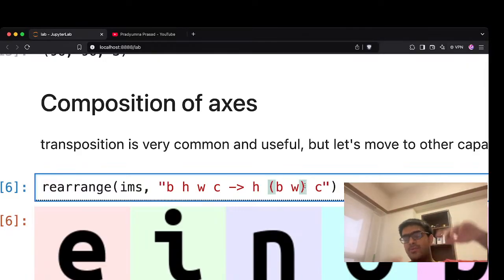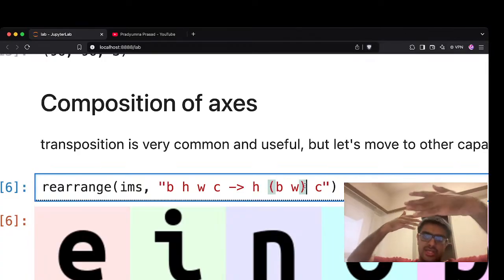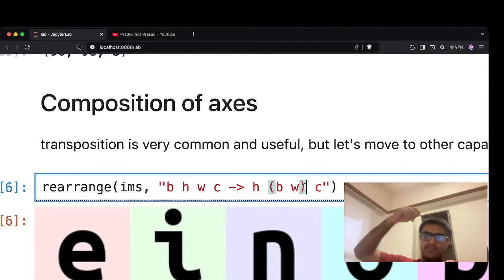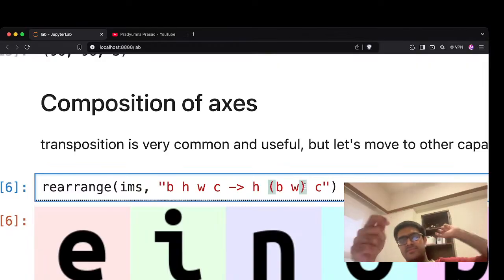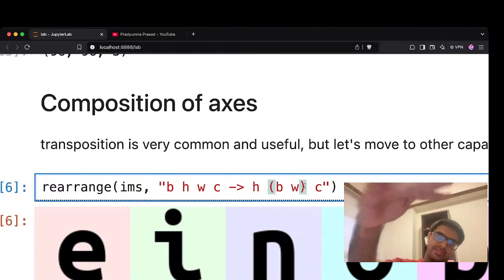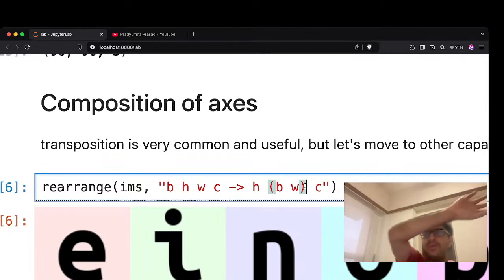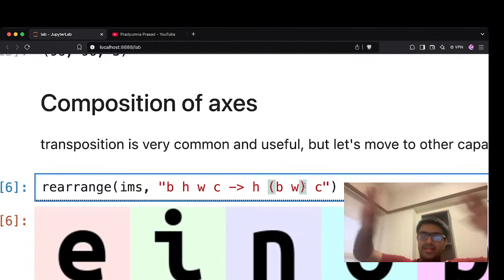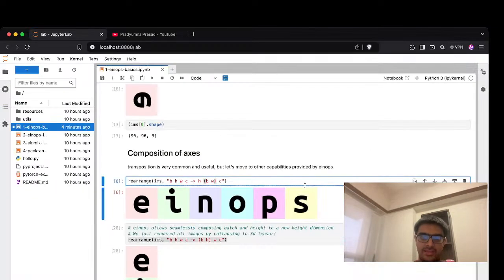You can think of them as 6 stacked 96 by 96 matrices. I want to move this batch dimension, which is how many stacks there are, and combine it with my width, so my width now becomes 6.